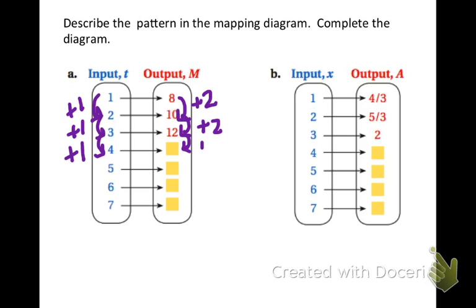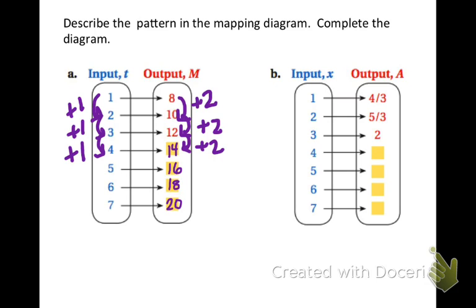Therefore, if we were to keep up this pattern, we would be adding 2 each time, and we could fill in the boxes with 14, 16, 18, and 20.